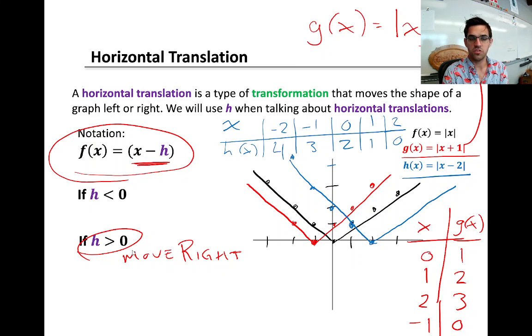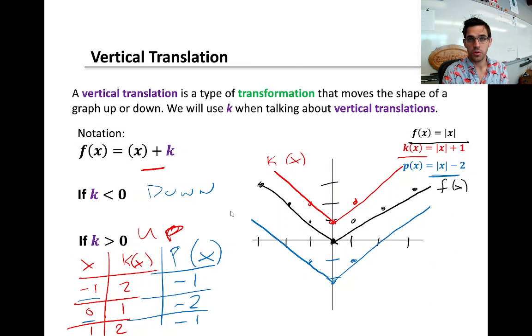So if h is positive, we're moving to the right. This one is counterintuitive. So if people are going to mess up, they're going to get that backwards. So pay close attention. All right, that's horizontal translations.